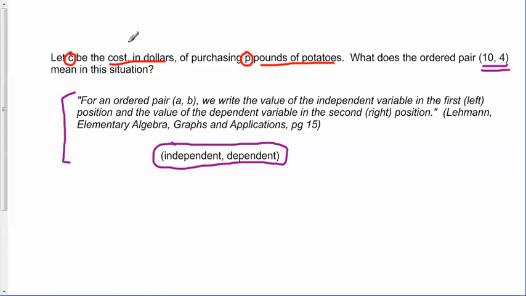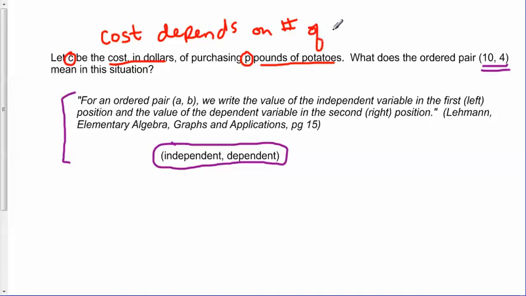If we think about which of those makes the most sense, I think we would agree that you can buy whatever number of pounds of potatoes you want, but once you've decided how many pounds of potatoes you want to buy, the cost is going to depend on how many pounds of potatoes you purchase. So we could say that the cost depends on the number of pounds.